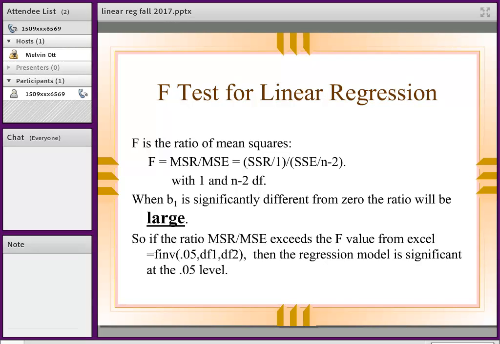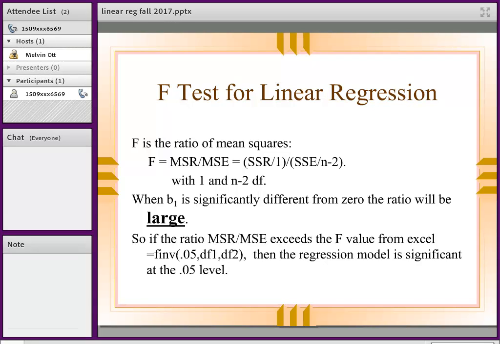Now, I can go to Excel and plug in some numbers and see what this turns out to be. It should exceed the F value from Excel. If I type in equals F inverse 0.05, degrees of freedom for the numerator, degrees of freedom of the denominator, then as long as my model is bigger than that number, I know it's statistically significant.